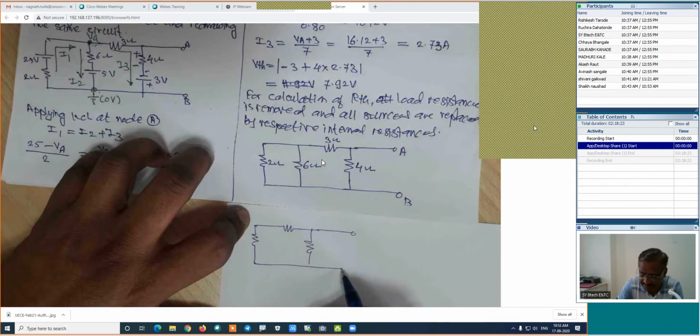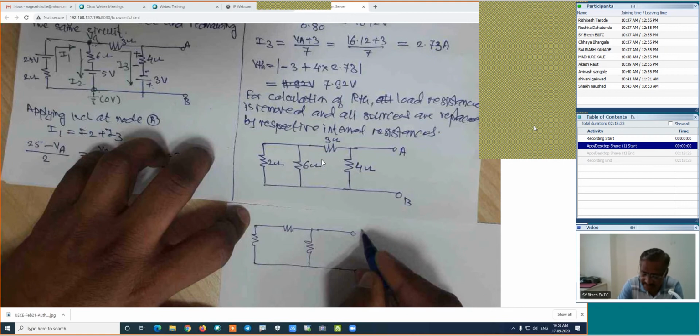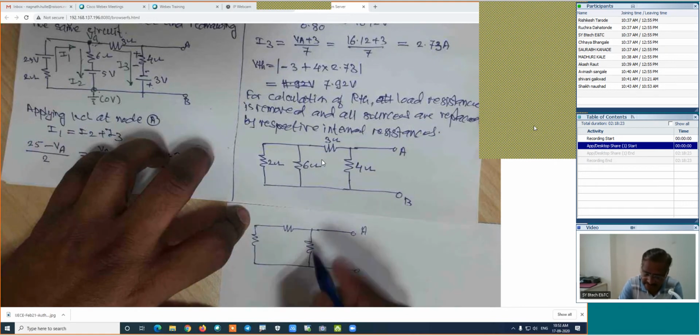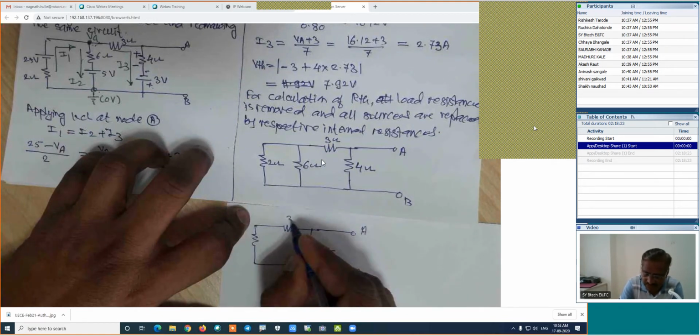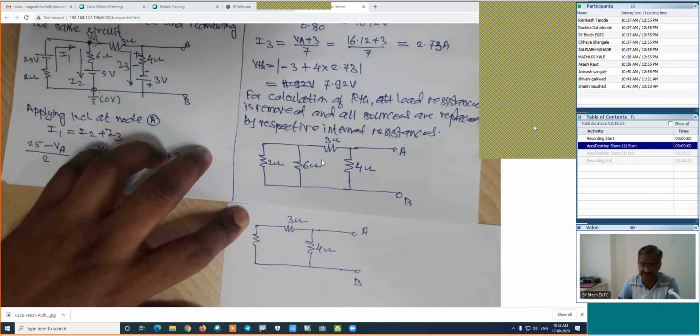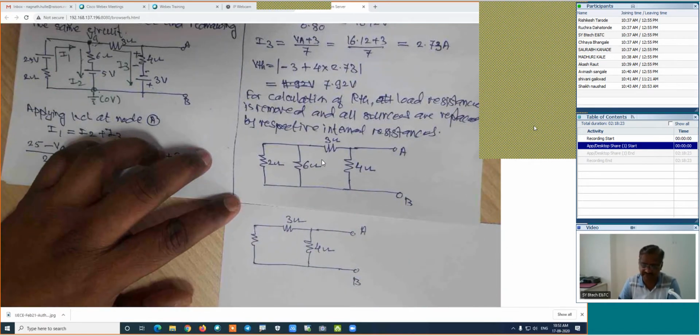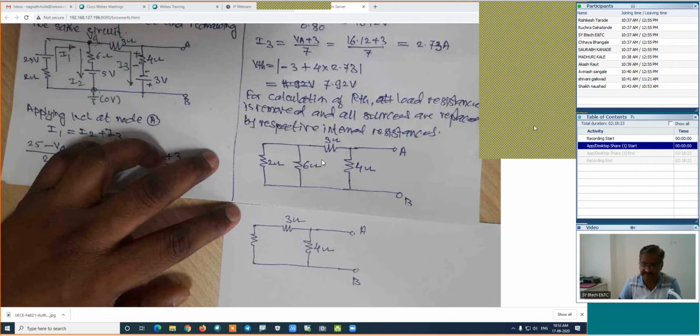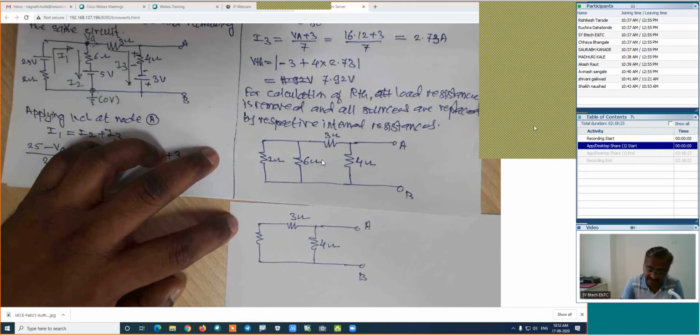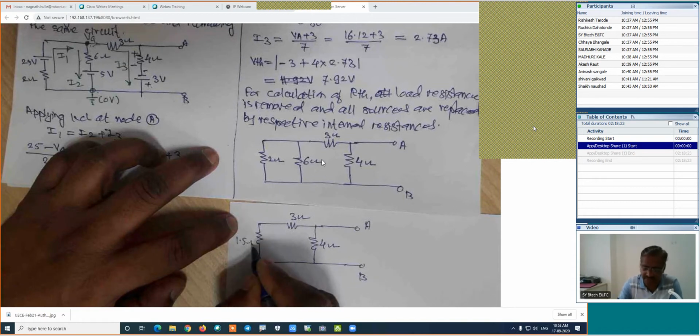Here is the point A. This is point B. It is 4 ohm. This is 3 ohm. And how much is the parallel combination? Yes, anyone? 1.5. It is 1.5 ohm is the parallel combination.